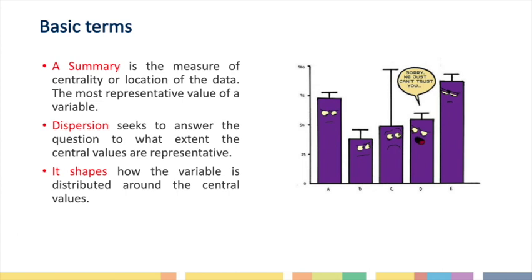Dispersion: the objective of dispersion is to seek to answer the question to what extent the central values are representative. And finally, shape: this is the distribution of the variable around the central values.